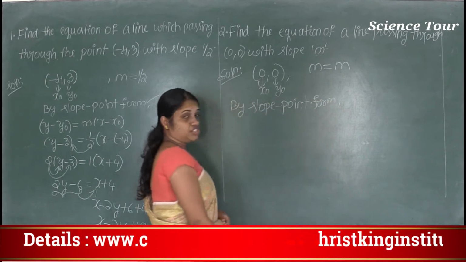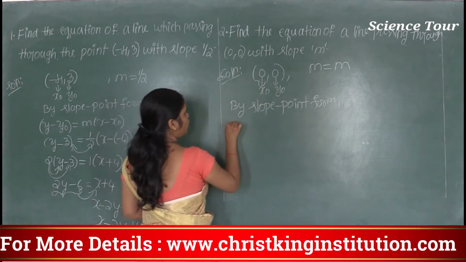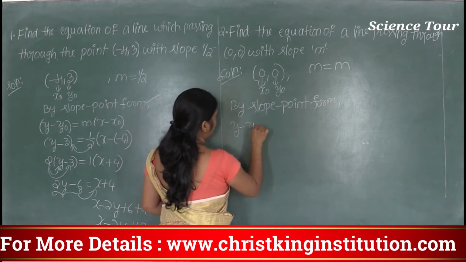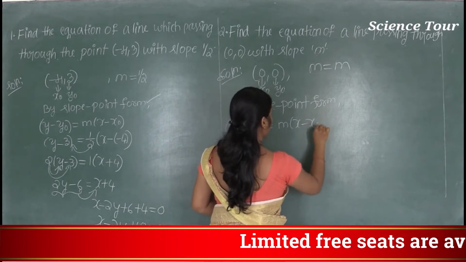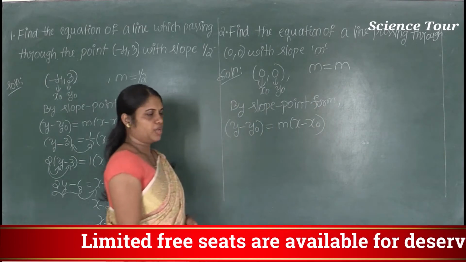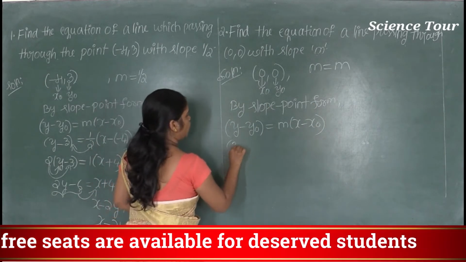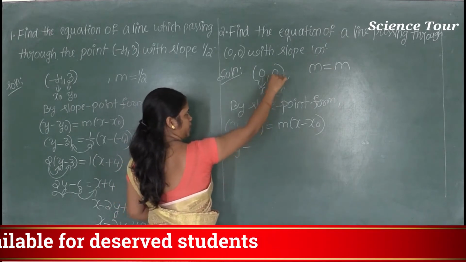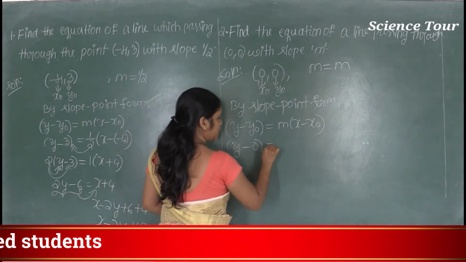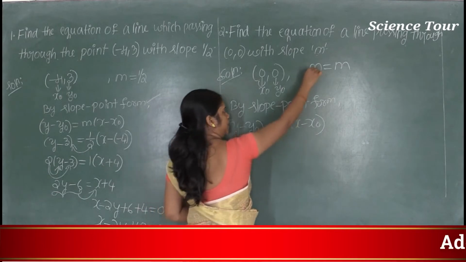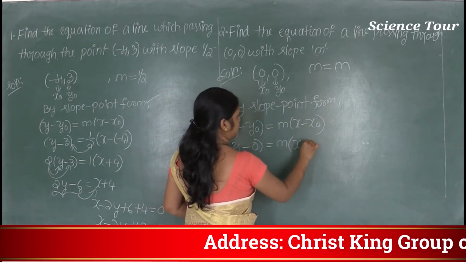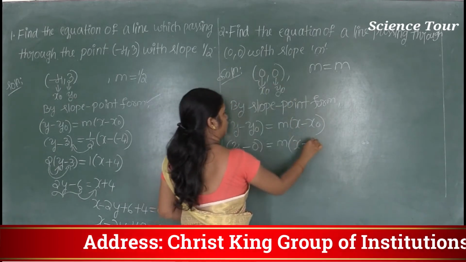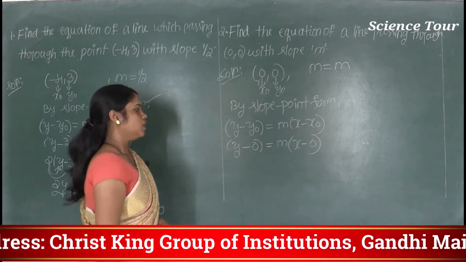So what is the equation of a line by the slope point form? y minus y naught is equal to m into x minus x naught. Now y minus y naught, that is y minus 0, is equal to m, write m as it is, into x minus x naught, that is x minus 0.